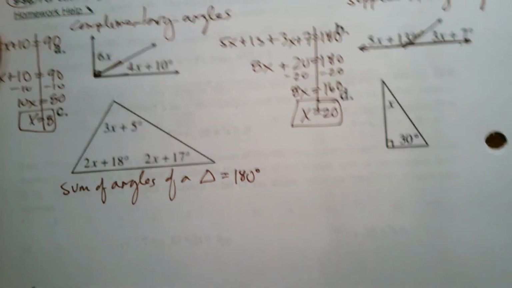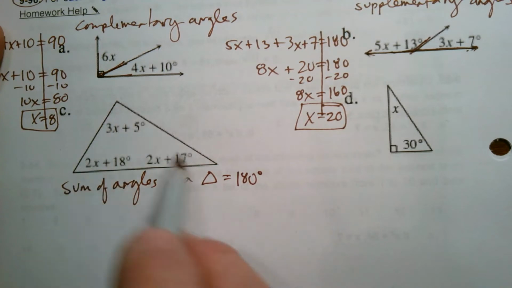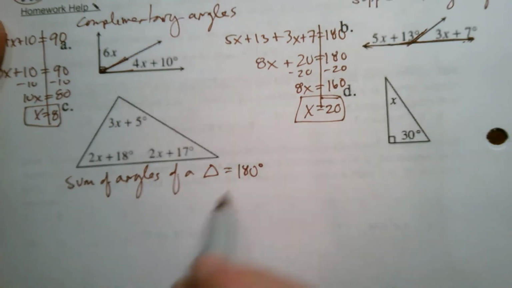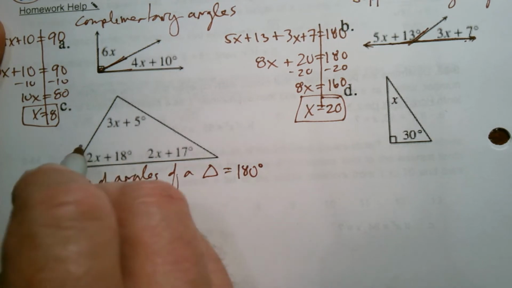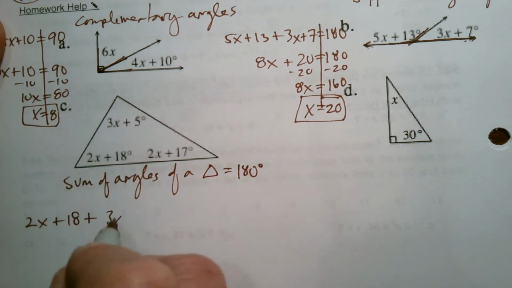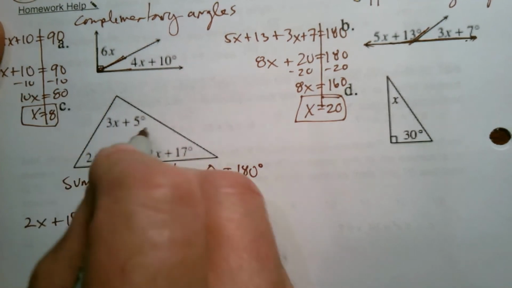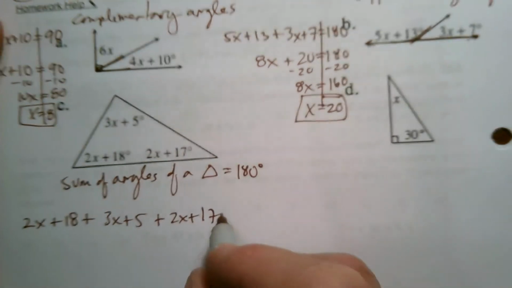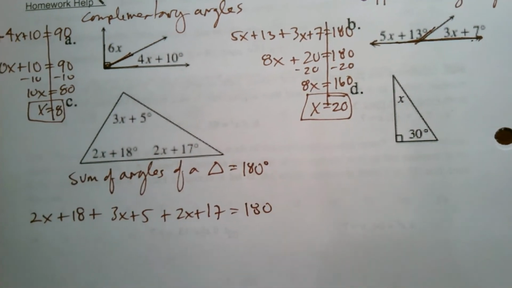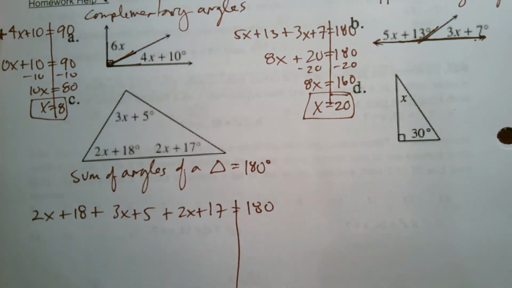So the triangle sum theorem is the sum of the three angles equal 180. Here's my equation: 2x plus 18, that's this angle, plus 3x plus 5, that's that angle, plus 2x plus 17, that's that angle, all add up to be 180. So I can solve that equation for x.